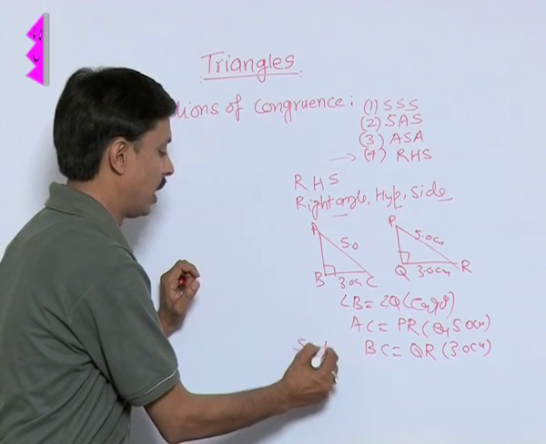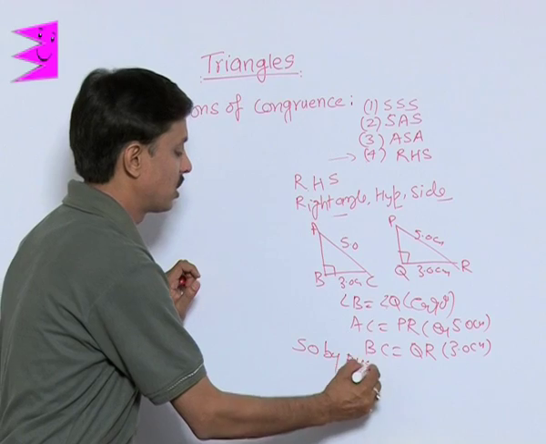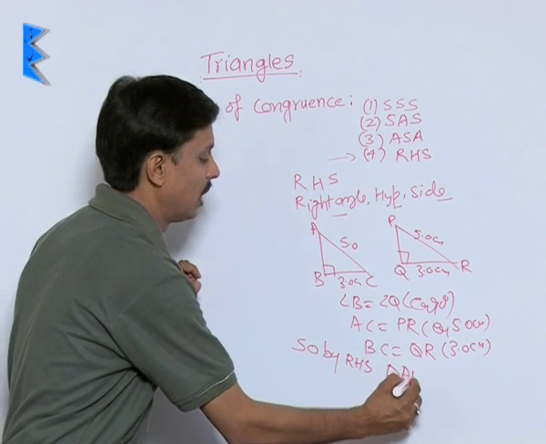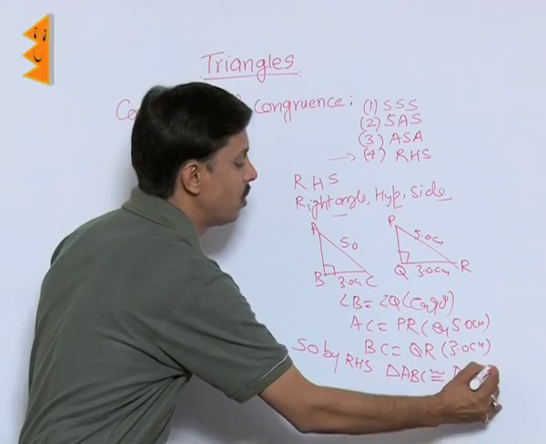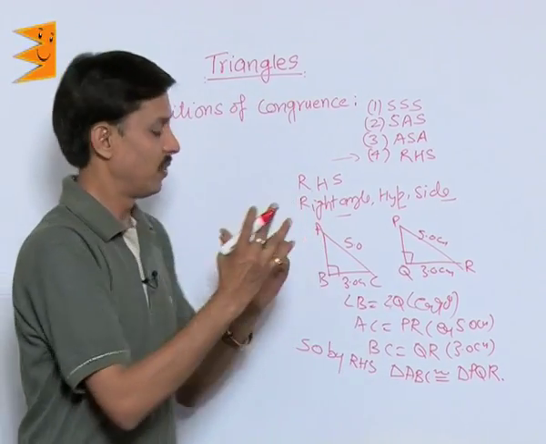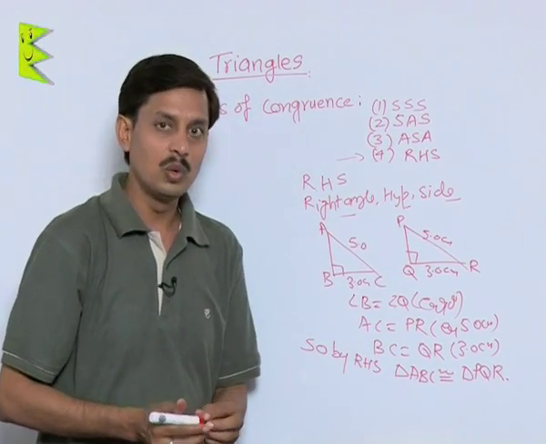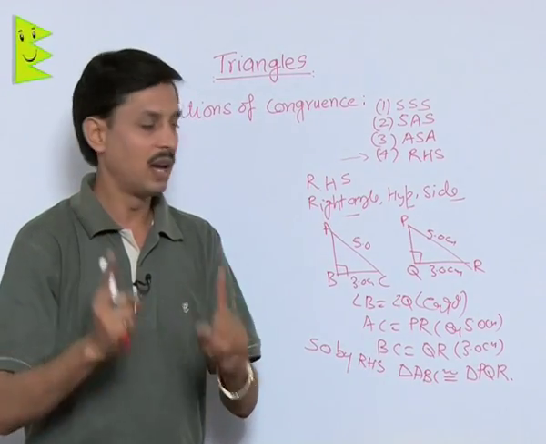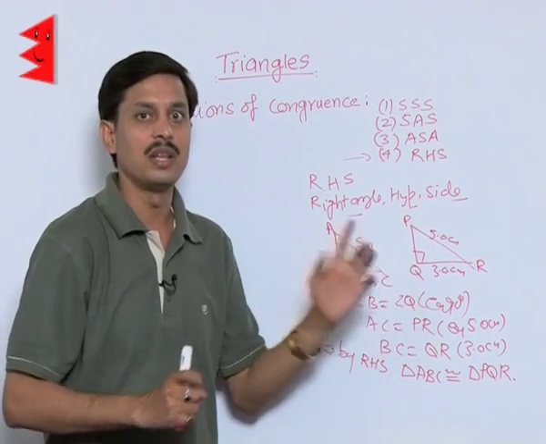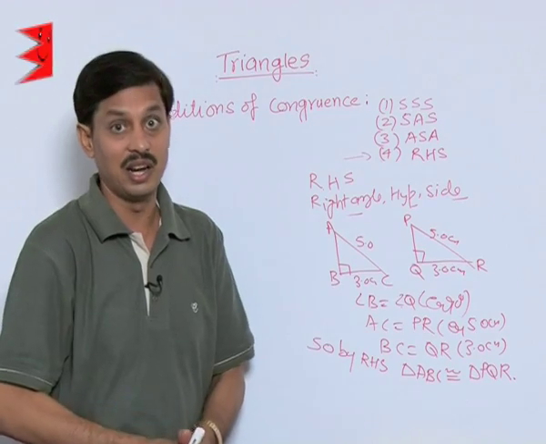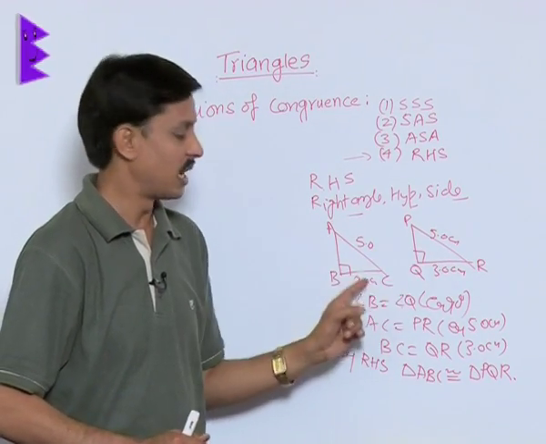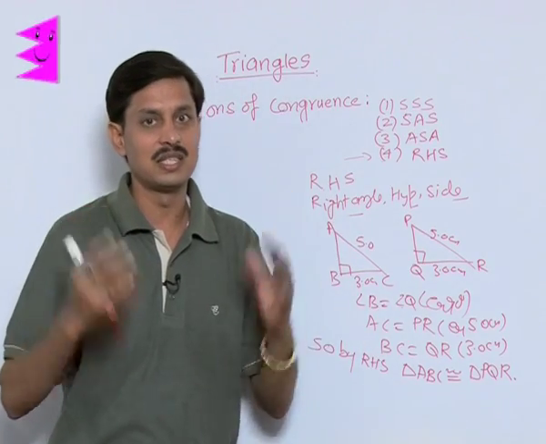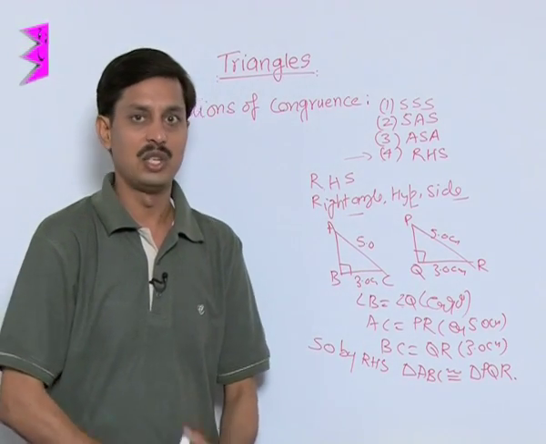So you can say by the RHS condition, triangle ABC is congruent to triangle PQR. So this is to understand that if in two triangles, one angle is 90 degrees in the first and one in the second, that both are right angles, the length of the hypotenuse is the same, and one of the sides is also equal, then triangles are said to be congruent by the RHS condition.